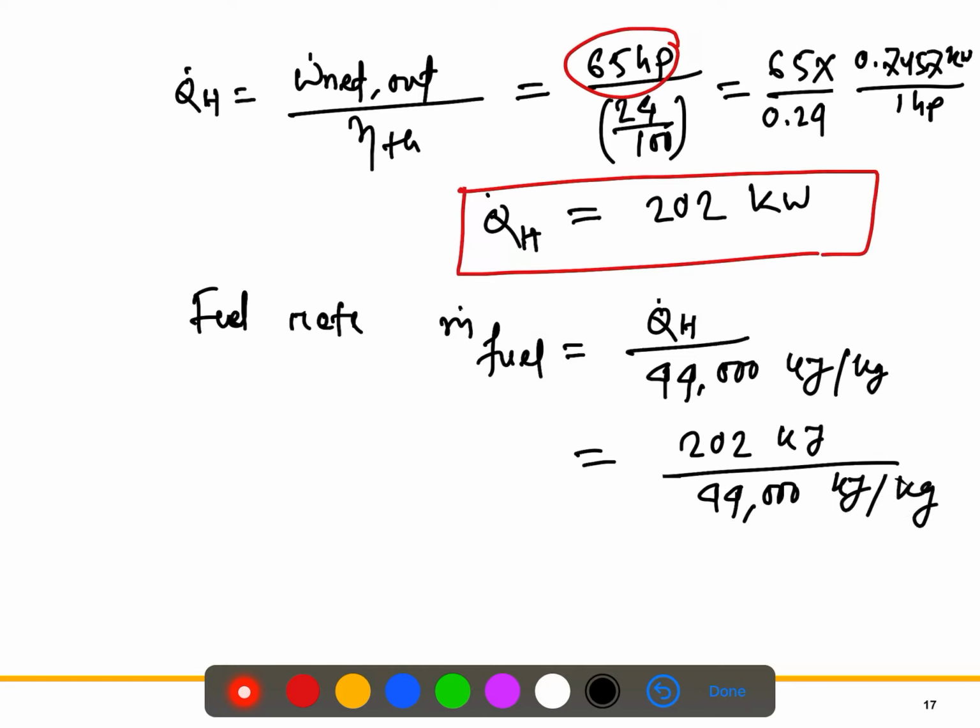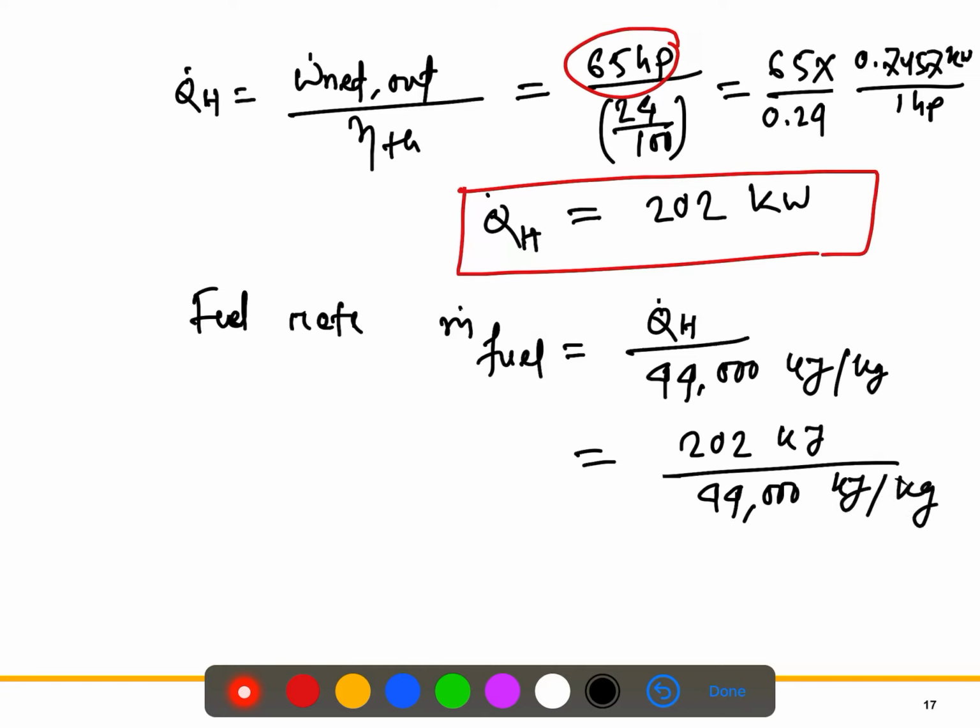It should be kilojoule per second, sorry. It is 202 kilowatt, so we just changed the unit, that's it. Not really, it's not 16.5 yet.